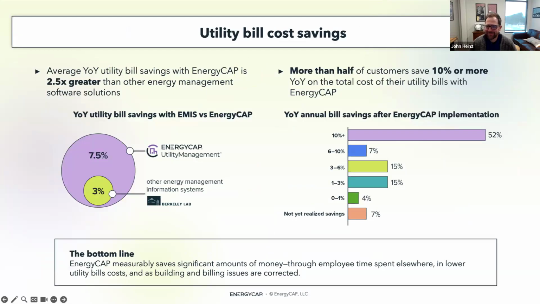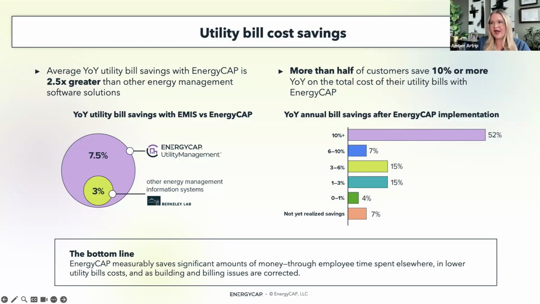So let's get to my favorite topic: how does all of this help us save money? A few years back, Lawrence Berkeley National Lab, here where I live in the Bay Area, did a study that lasted 5 years, and it followed organizations who implemented energy management information systems across those 5 years to understand the impact of implementing this software on the organization.